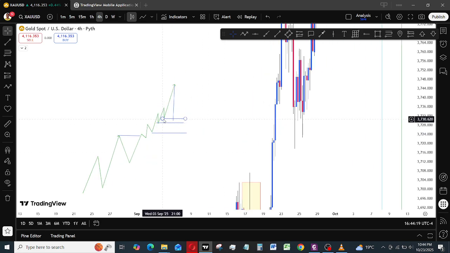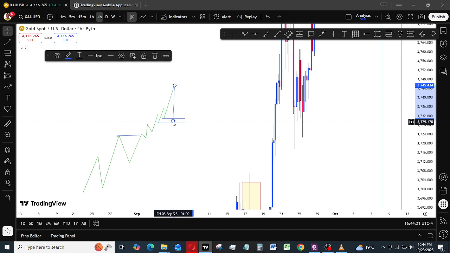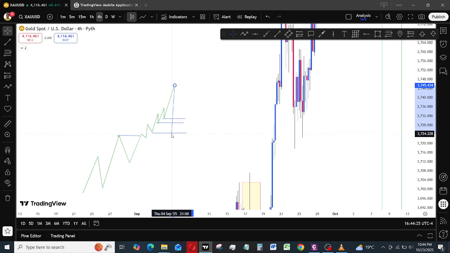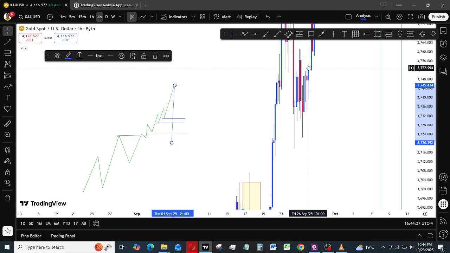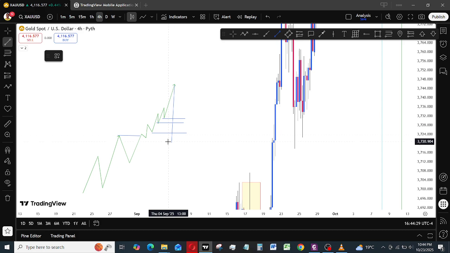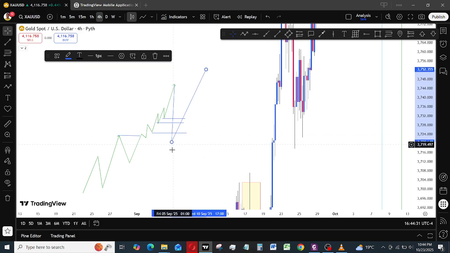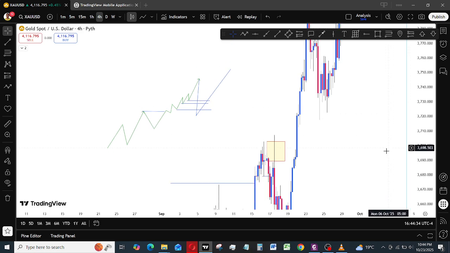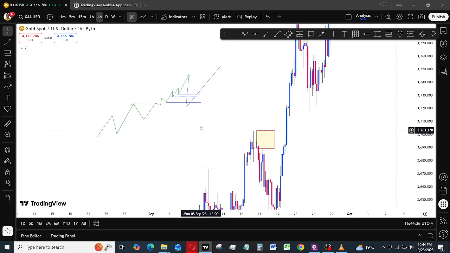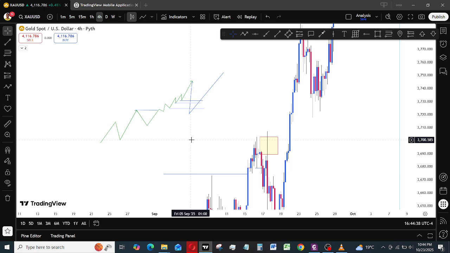It can sweep this one, or this one, before it takes the big move. So always take it like that: the market will always sweep liquidity before it takes the big move.